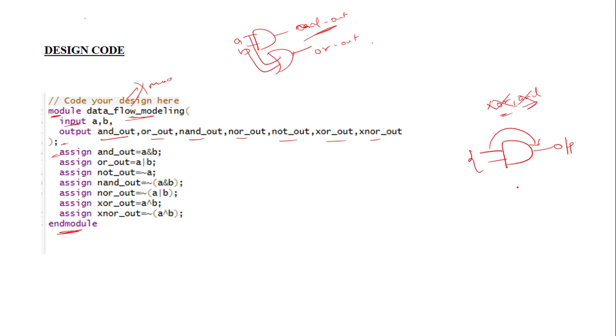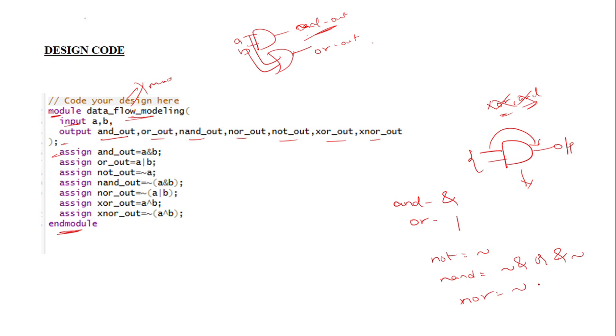In Verilog, every logic gate has a symbol. For the AND gate the symbol is like this, the ampersand. For OR operation we represent it with a single vertical line. For NOT we use the tilde. NAND is the invert of AND, so we can represent it this way, or first do the AND operation and then invert.